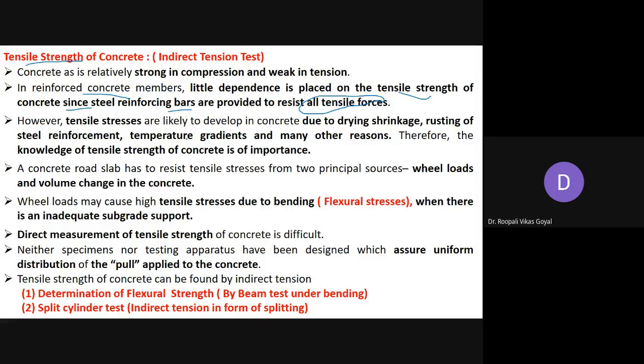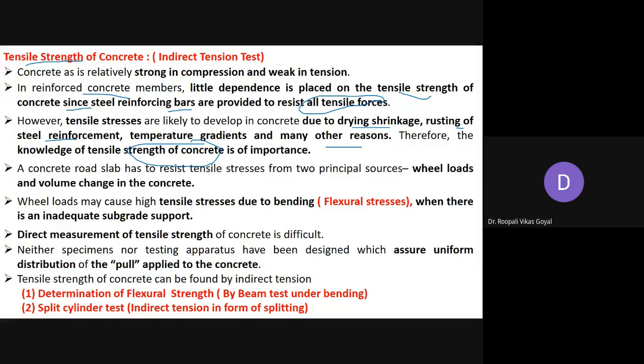These tensile stresses are likely to develop in concrete due to various reasons like drying shrinkage, rusting of steel reinforcement, temperature gradient, and many other reasons. So due to that, a certain amount of tensile stress is always there. Therefore, it is necessary for you to know the tensile strength of concrete also, apart from compressive strength.